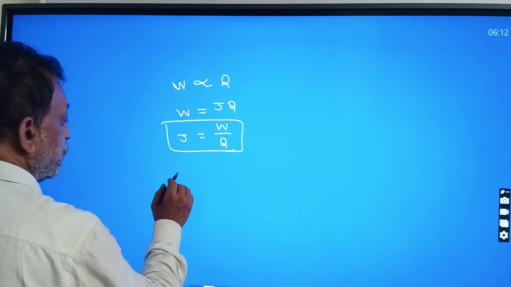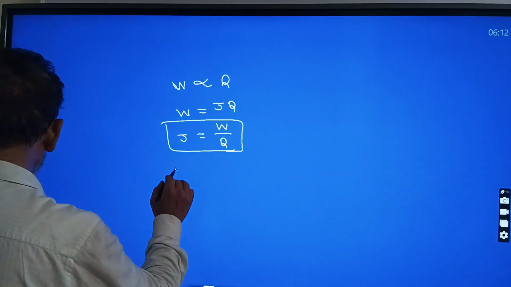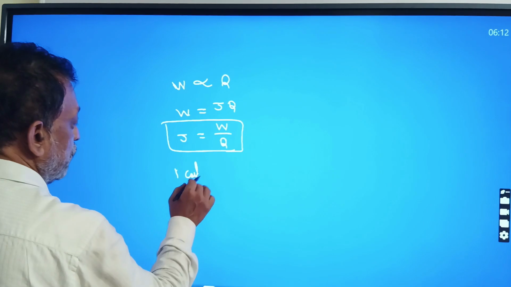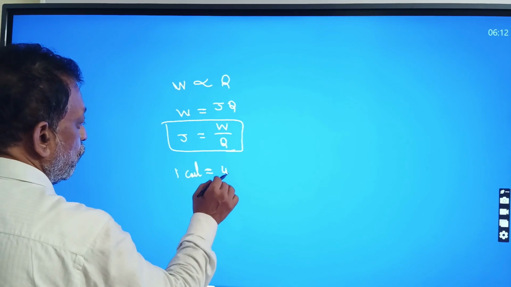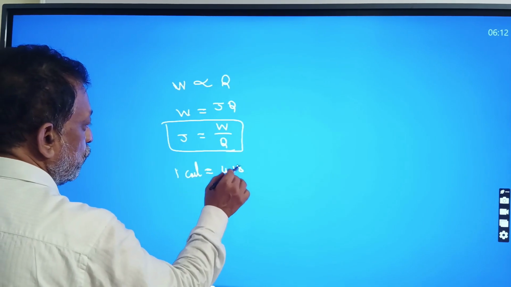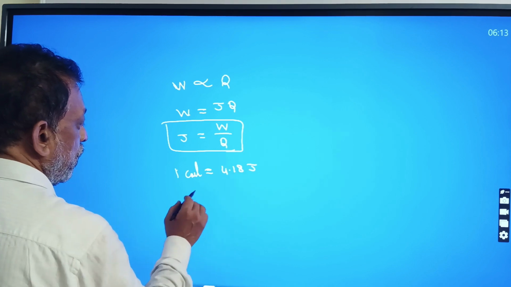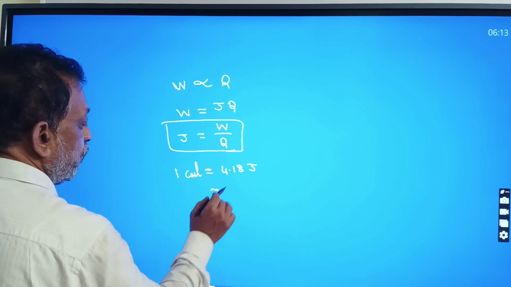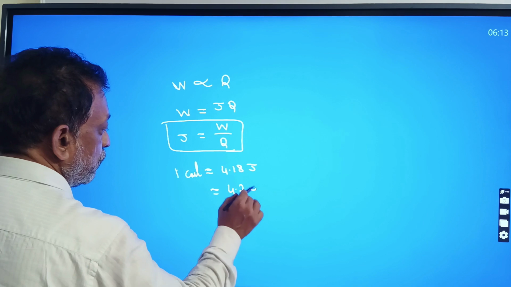Then we write the values: 1 calorie is equal to 4.18 joule, or approximately 4.2. All of you know these values.